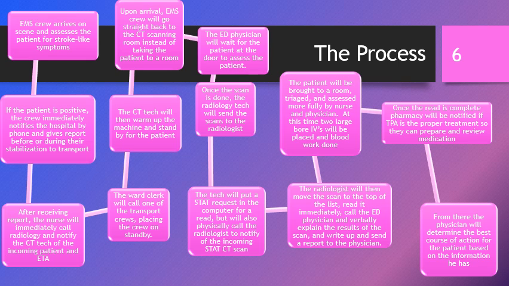So the CT tech will come down, warm up the machine, and stand by for the patient. They will wait right there in the CT room for us. Upon arrival, instead of us hooking the patient up to the machine, the nurse will go into the CT room with the patient. We can actually do ABCs in the CT room.